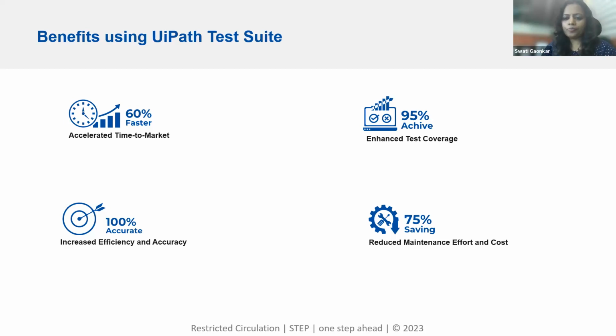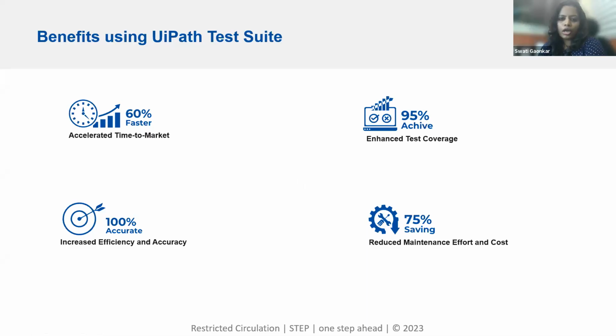So it is so easy to test or to create the scripts by using UiPath Test Suite, and merchant acquiring system test cases can be automated. And we have related solutions also for that. So in case of any query, you can reach out to me on LinkedIn, and if you have any question, you can ask me now.